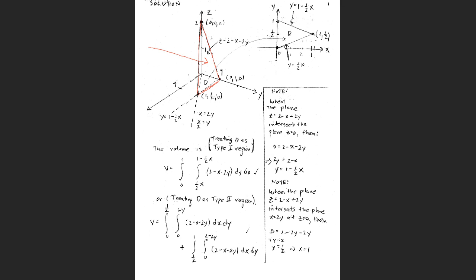And you notice that I have these points of intersection. The plane z equals 2 minus x minus 2y intersects the line y equals 1 minus a half x.